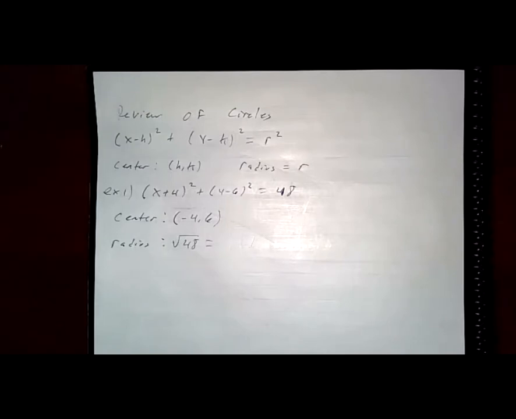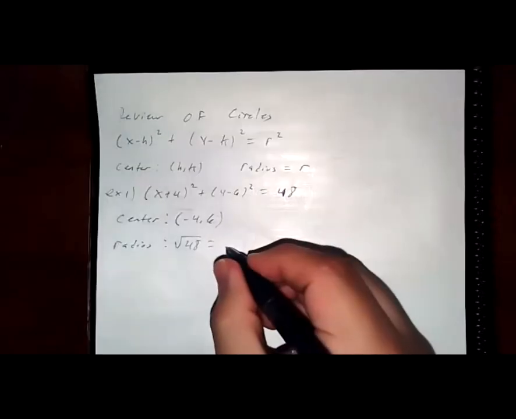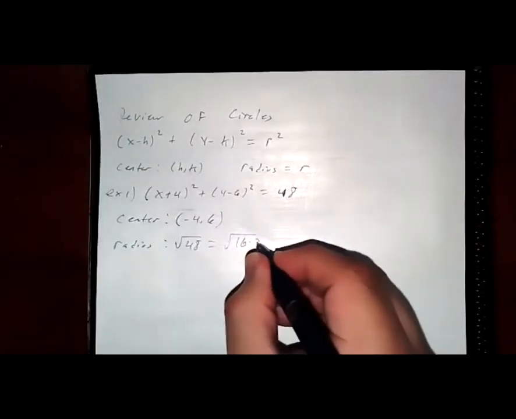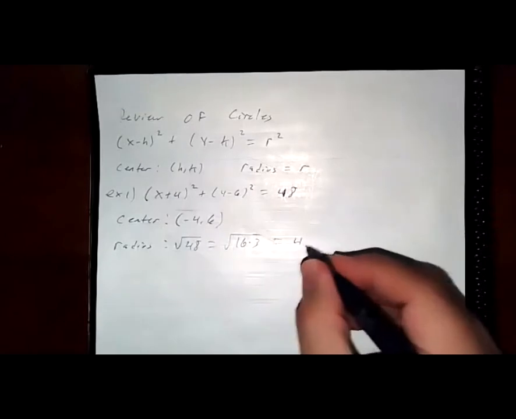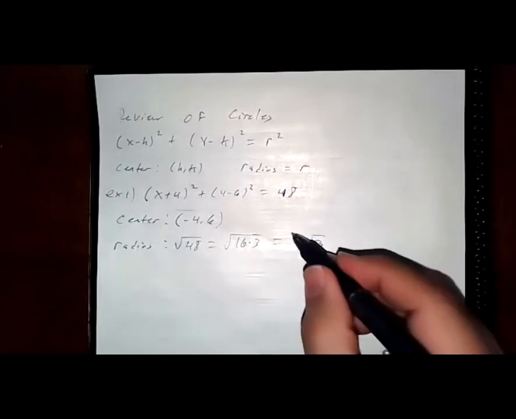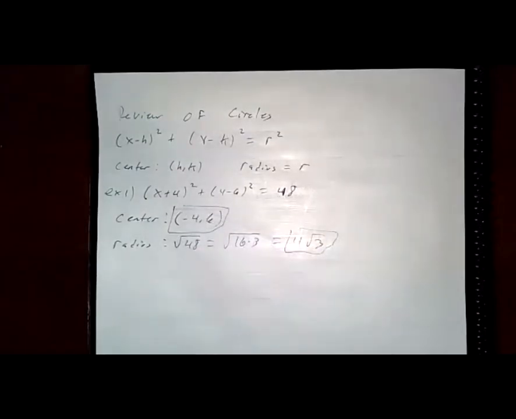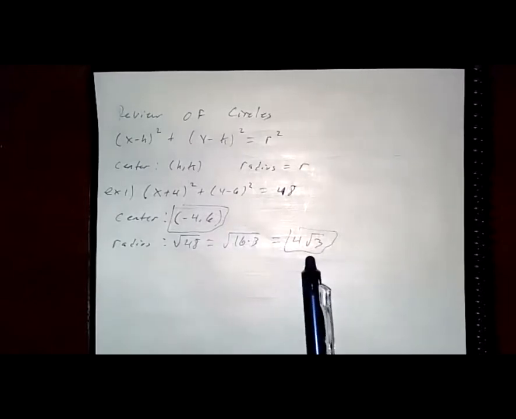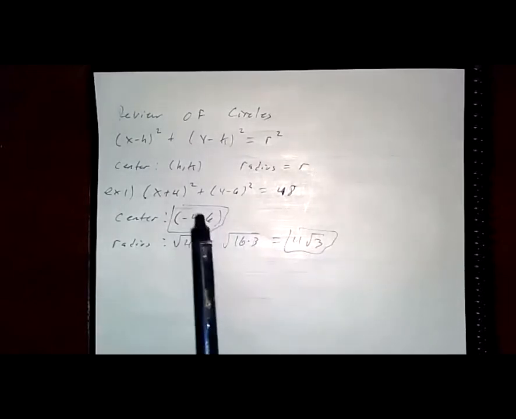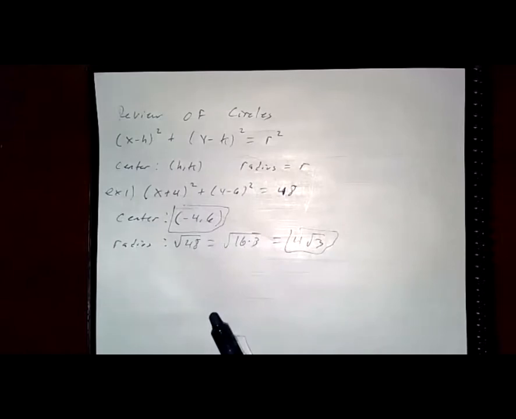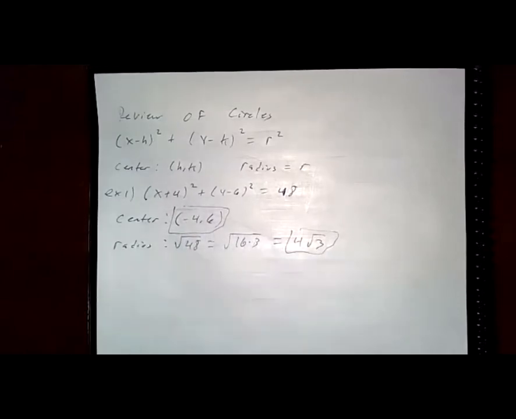Yeah, it does. This is technically 16 times 3, which reduces to 4 root 3. So this is my radius. This is my center. So if you were to graph this guy, it would go out this much distance, and it would be centered here. So that's what all this information tells you.